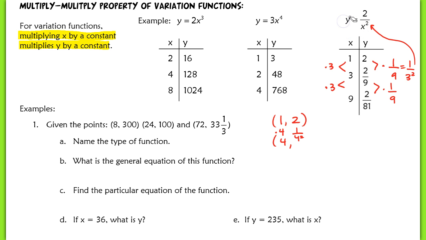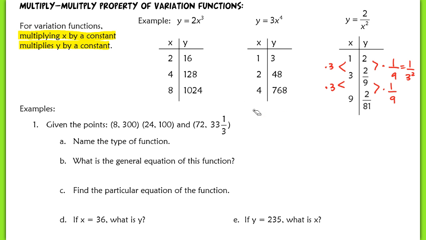So this value I would expect to be 1/16 times 2, which would give me 1/8. Let's see if that happens when I actually plug in 4 into the function. If I plug in 4, I have y equals 2 over 4 squared. So I have 2 over 16, which is in fact 1/8. So again, you're just seeing how the direct and indirect variation functions actually work.